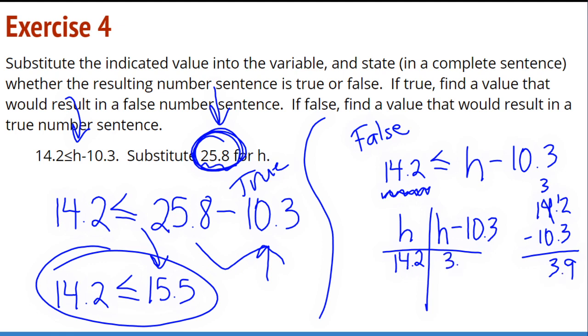And I have a difference of 3 and 9/10, and I could say that 14 and 2/10 is not less than or equal to 3 and 9/10. Now just a quick explanation of what I came up with here. I wanted something less than 14 and 2/10, and I said if I take 14 and 2/10 and substitute it for h, and then I take something away, then of course I'll have less than 14 and 2/10.